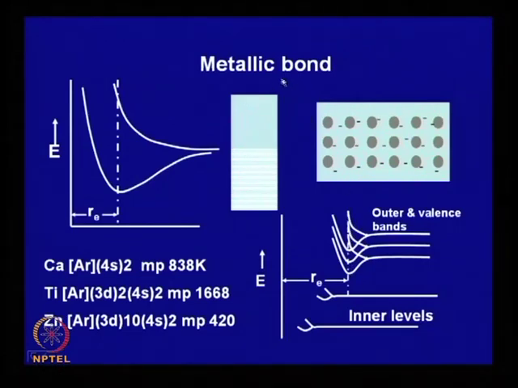So, characteristic of metallic bond is you may have several outer or valency bands, and they will be overlapping, and this band will have plenty of vacant spaces for the electron to occupy, and this is why the electrons move freely. Their energy can go up, and they have good conductivity, both thermal as well as electrical conductivity.